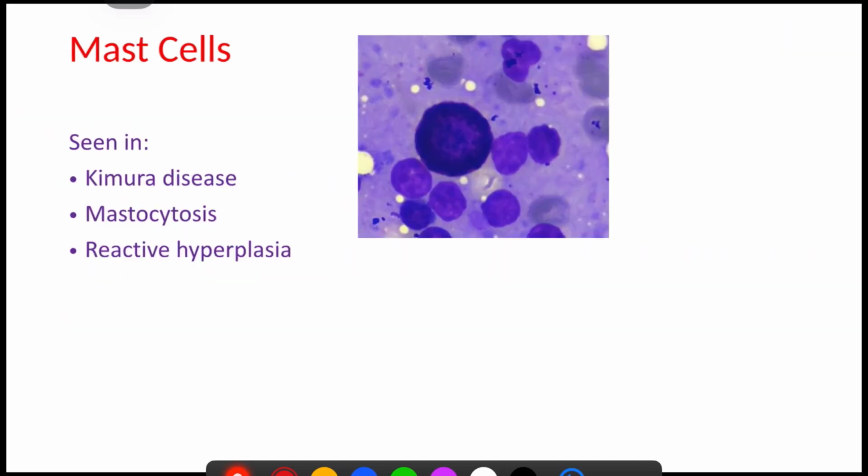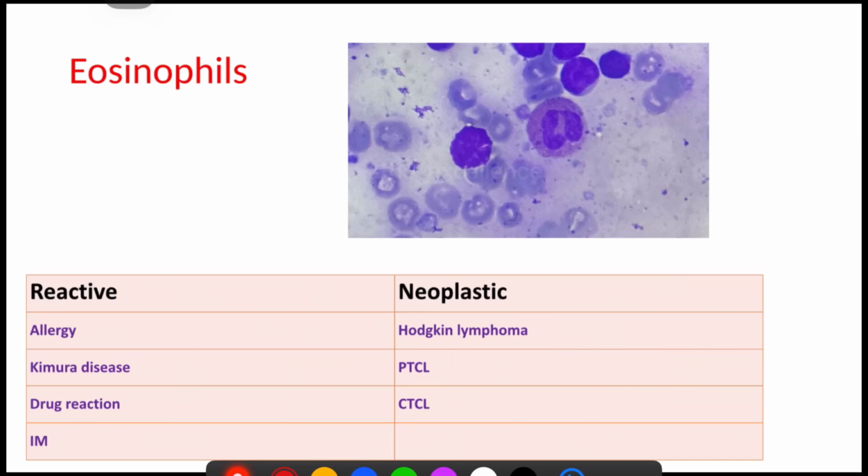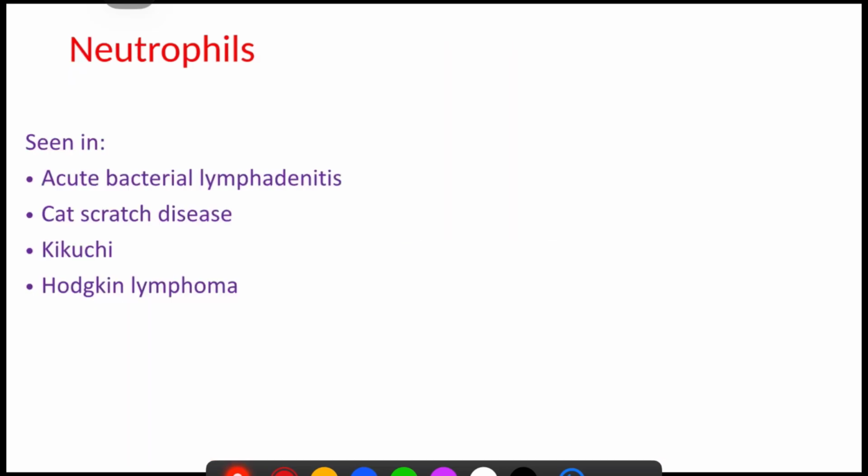And now mast cells. Mast cells are large cells containing black granules. They are seen in Kimura's disease, mastocytosis, and reactive hyperplasia. Eosinophils in allergy, Kimura disease, drug reaction, and infectious mononucleosis, where you find eosinophils. And in Hodgkin's lymphoma, PTCL and CTCL, you will find eosinophils in abundant number.